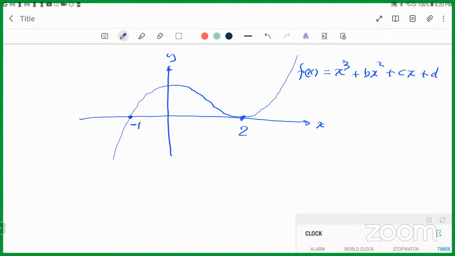Find the value of b, c, and d. That's a function I gave you here. And I tell you that that's a curve of the function. This point is -1. This point is 2. And that's a minimum point right here, on the x-axis at 2. Find the value of b, c, and d.